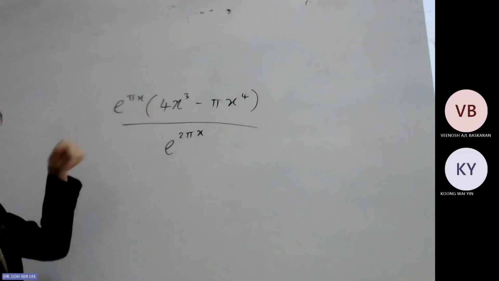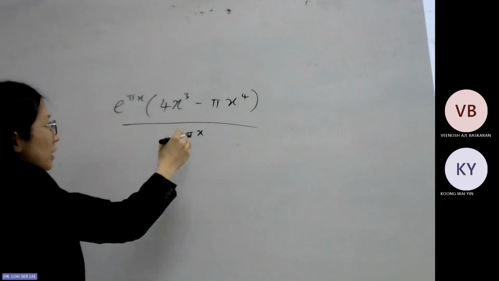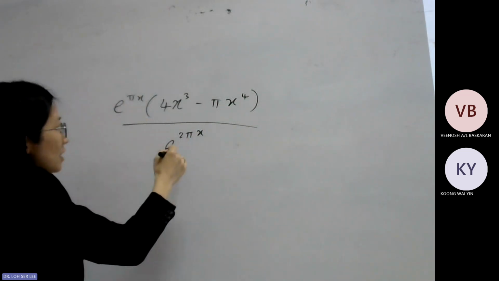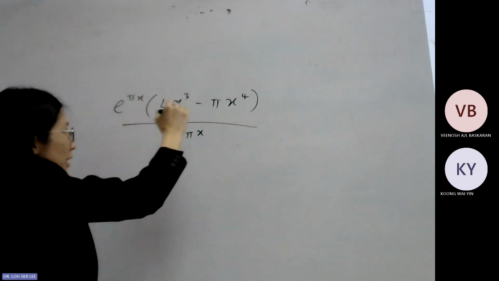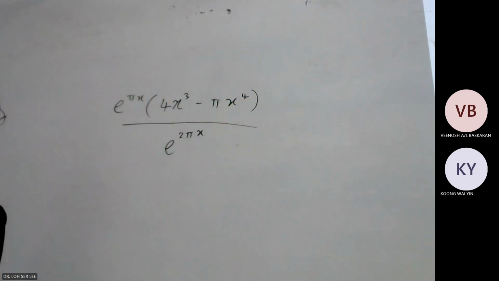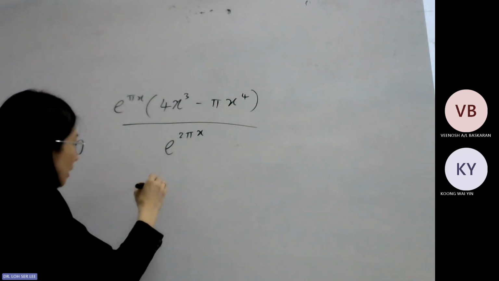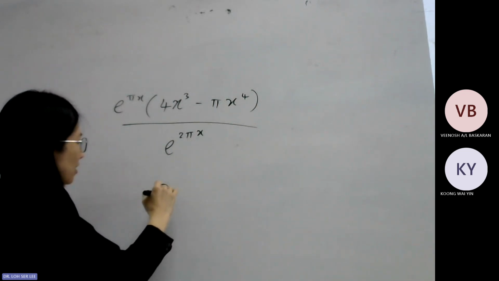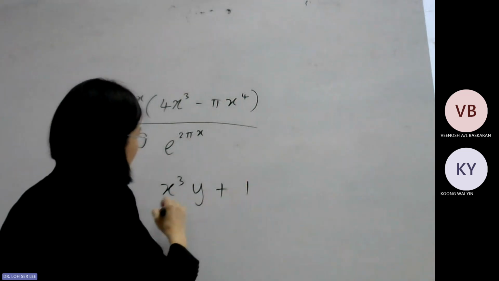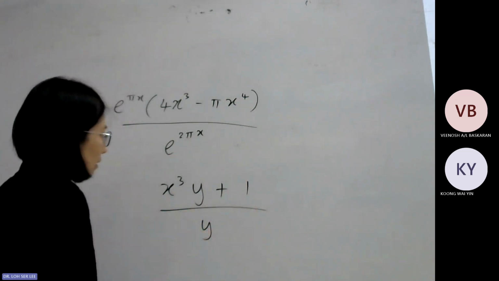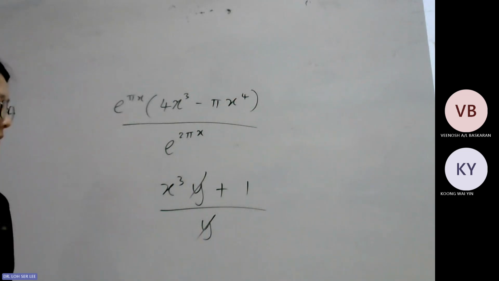When you have a fraction function, we can only cancel out a function provided it is multiplied to the whole function. Normally, what I encountered is students tend to, like 1 over y, just cancel out something like this.